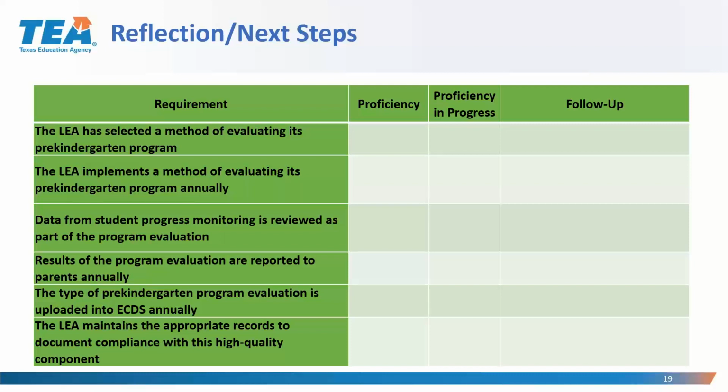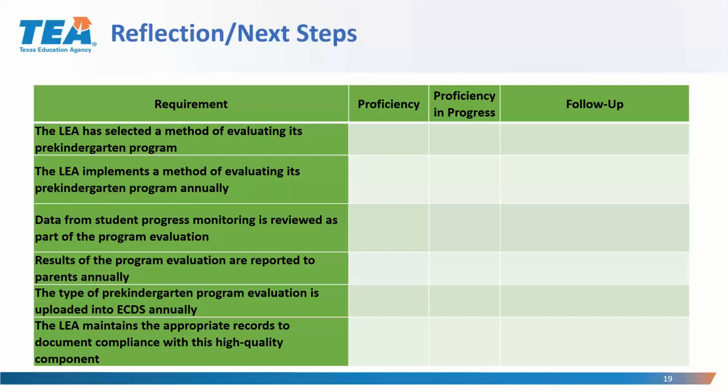The first, the LEA has selected a method of evaluating its pre-kindergarten program. Number 2, the LEA implements a method of evaluating its pre-kindergarten program annually. Number 3, data from the student progress monitoring is reviewed as part of the program evaluation.